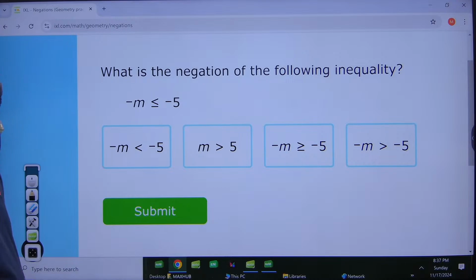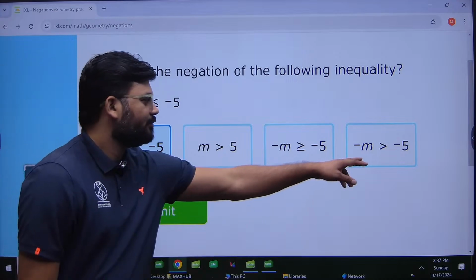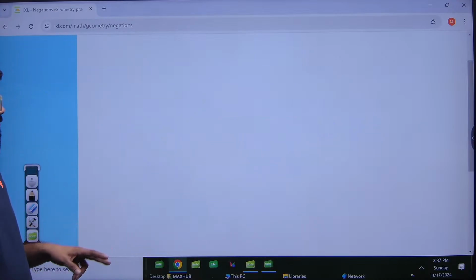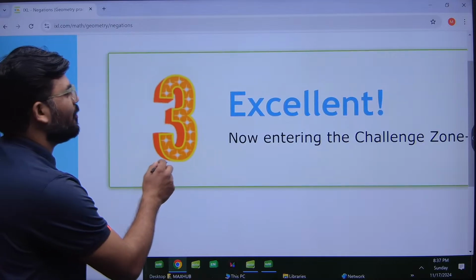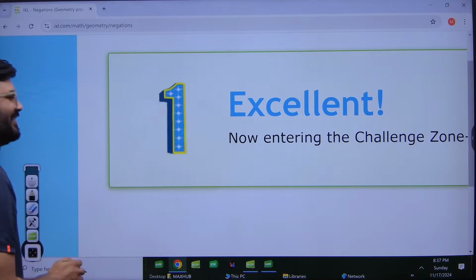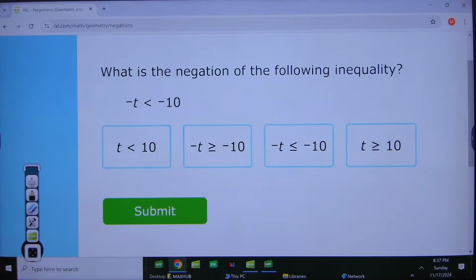First option. No, sorry, last option. Last option? Yeah. First option. Okay. Excellent. Minus 3 is less than minus 10. Second option.